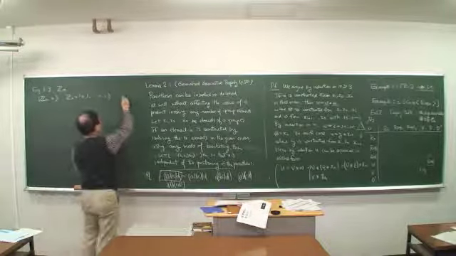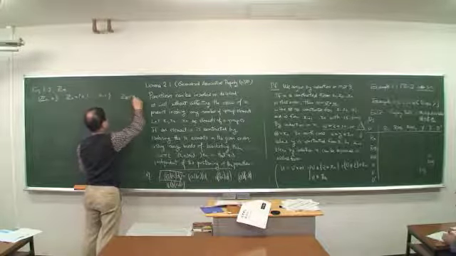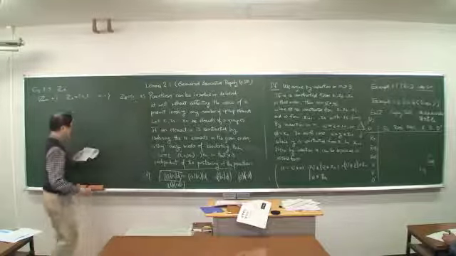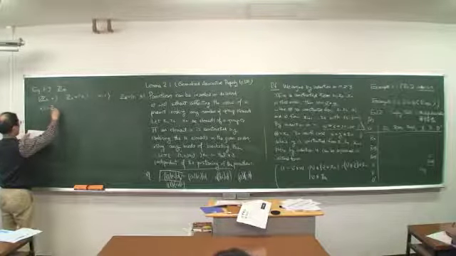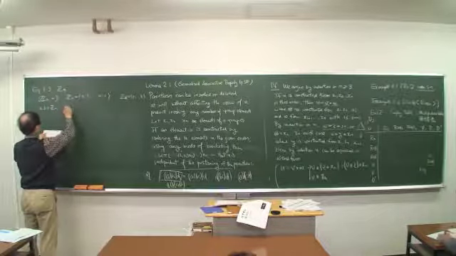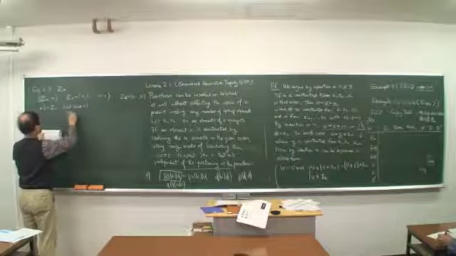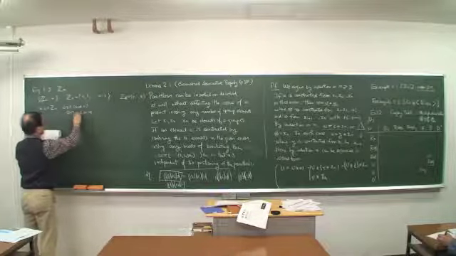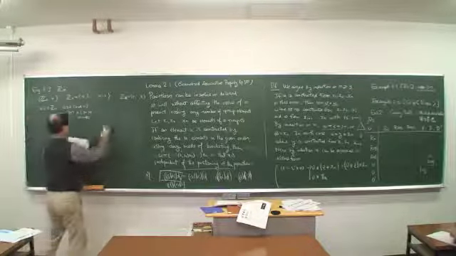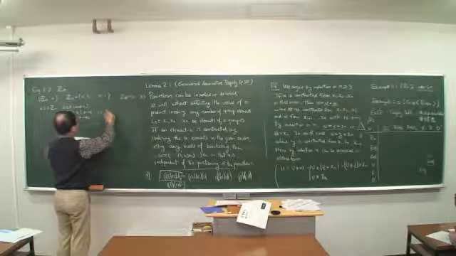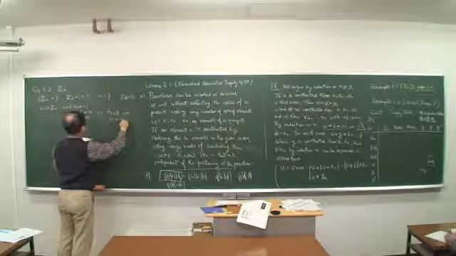So for example, let me take Z6, which is 0 to 5. And then for a, b in Zn, a is congruent to b modulo n if and only if n divides b minus a. That means there exists c in Z such that b minus a is equal to cn.